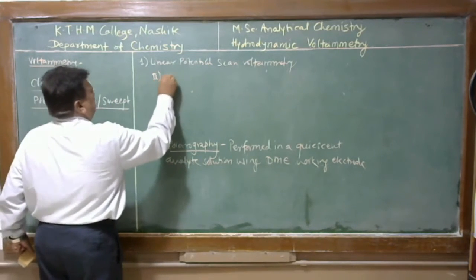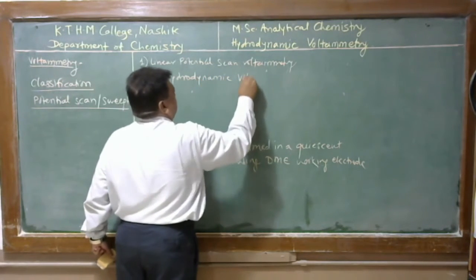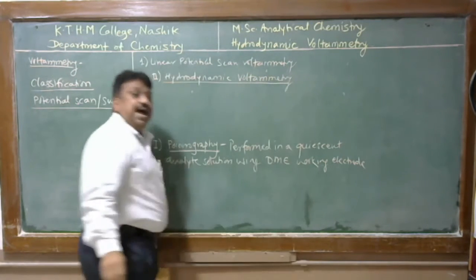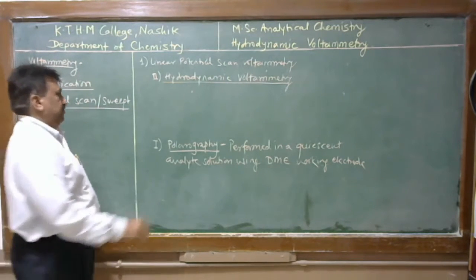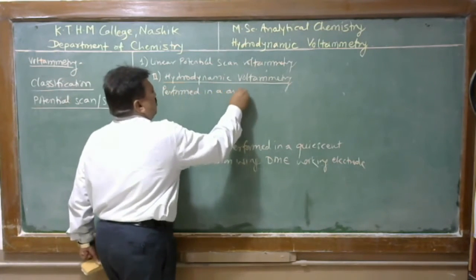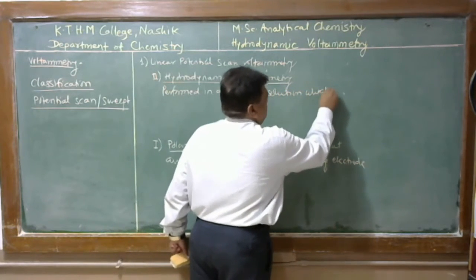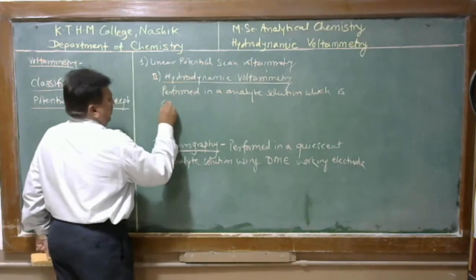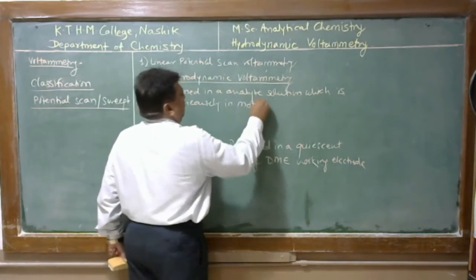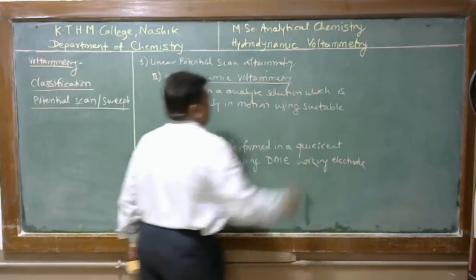Second is hydrodynamic voltammetry. Hydrodynamic voltammetry is performed in an analyte solution which is continuously in motion, using a suitable stationary working electrode.